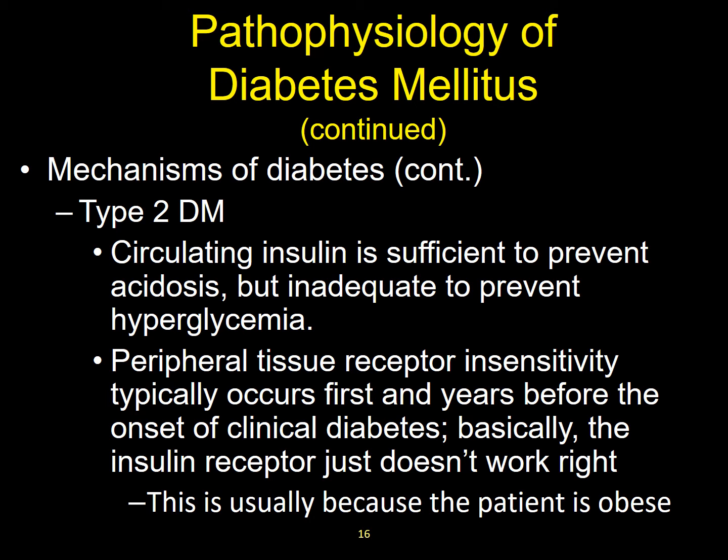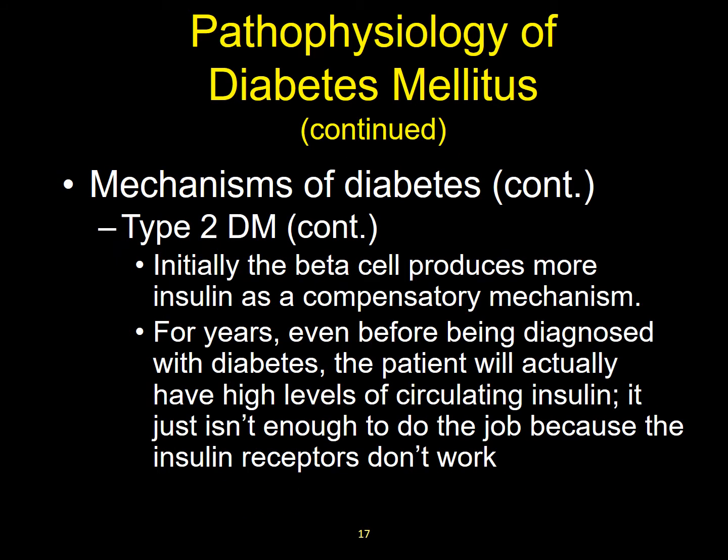The problem with type 2 diabetes is there's something wrong with that receptor. Nothing wrong with the insulin, nothing wrong with the beta cell. The problem is with the receptor. The receptor doesn't work right. And this can happen for years and years before the patient actually gets diagnosed. And the most common reason for it is that the patient is obese.